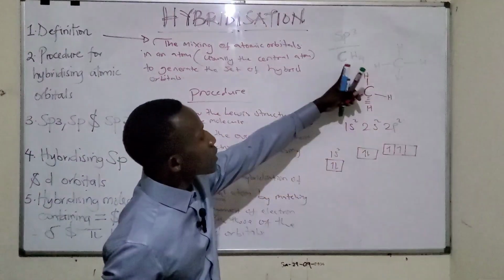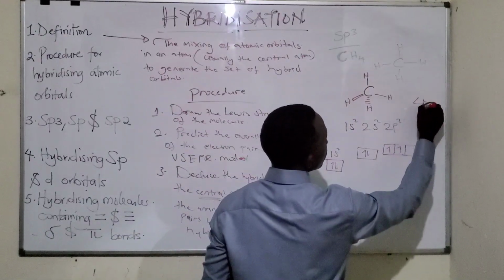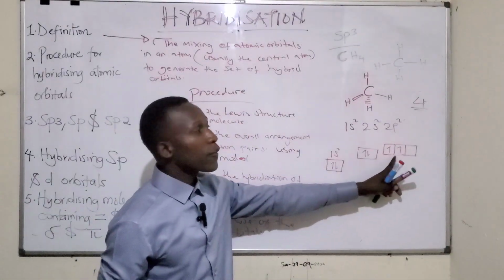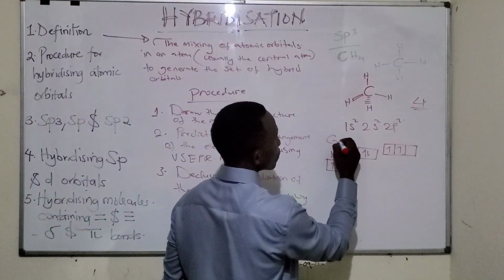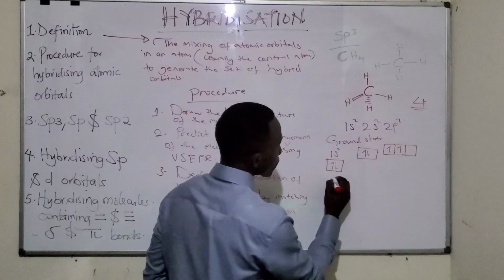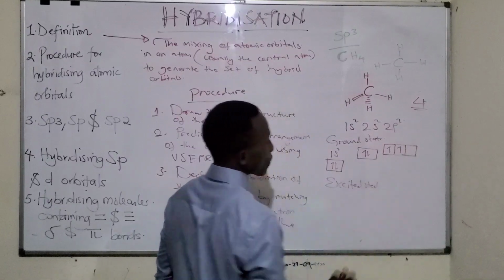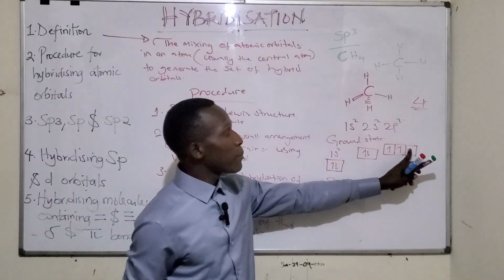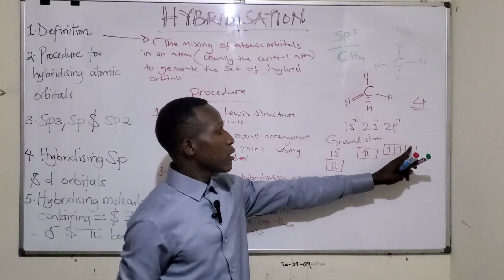Now, here we are seeing that carbon is bonding with 4 hydrogen atoms, meaning that we need 4 unpaired electrons, but in the ground state we have only 2. So at the excited state, one electron from the s orbital will be promoted to the p orbital.